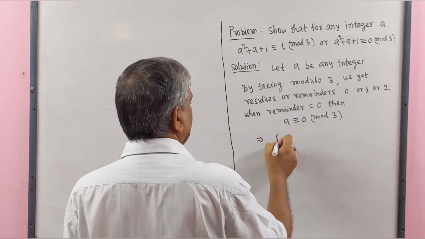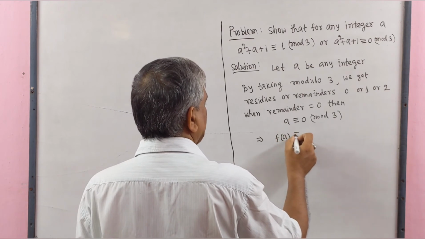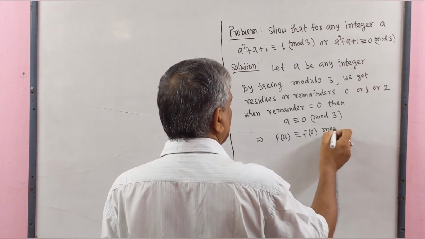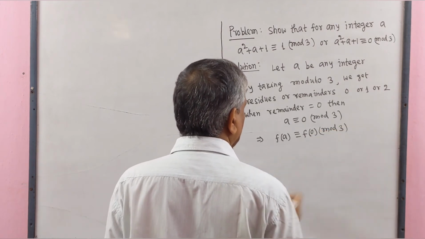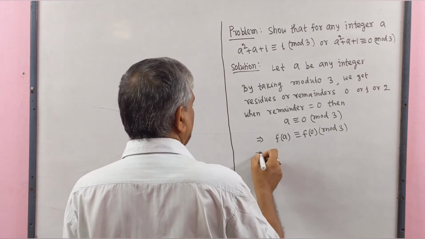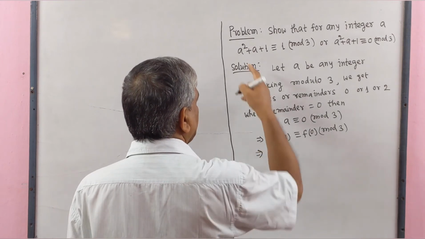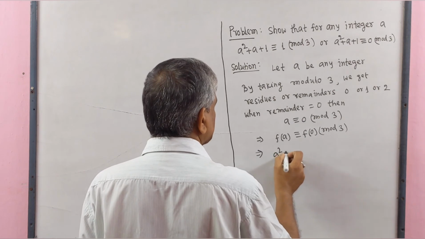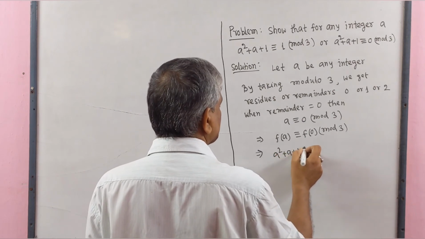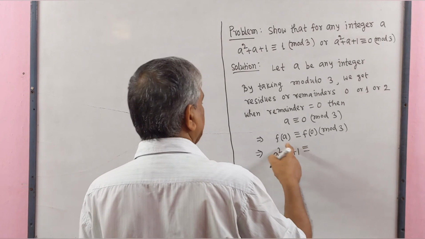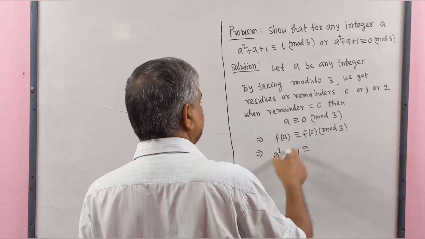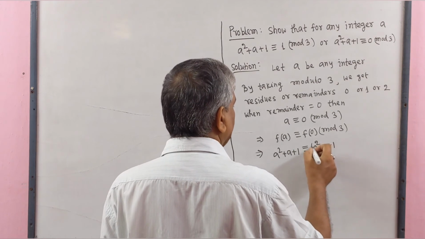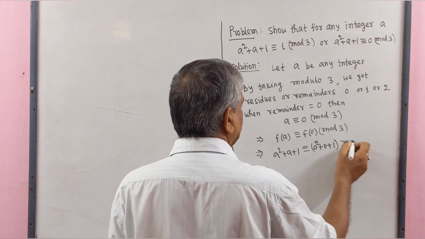Implies that if a is congruent to 0 modulo 3, let f(a) equal a squared plus a plus 1, congruent, in place of a we write 0, 0 squared plus 0 plus 1 modulo 3.